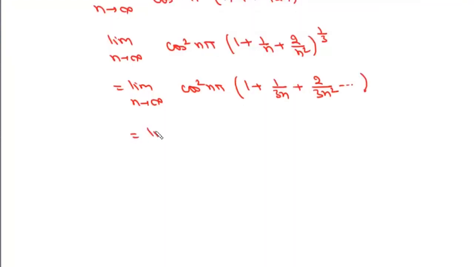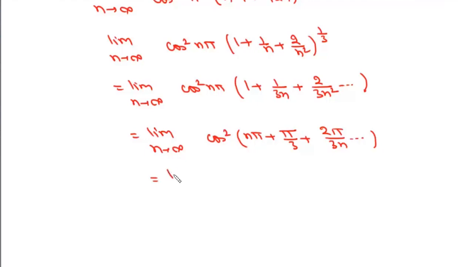Now we'll write this as limit n tends to infinity, cos²(nπ + π/3 + 2π/(3n)). Now cos(nπ + θ) is (−1)ⁿ cos θ. So it will be this limit n tends to infinity, ((−1)²)ⁿ cos²(π/3 + 2π/(3n)).